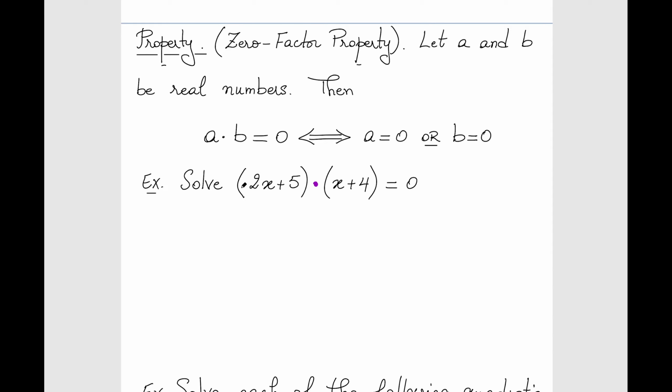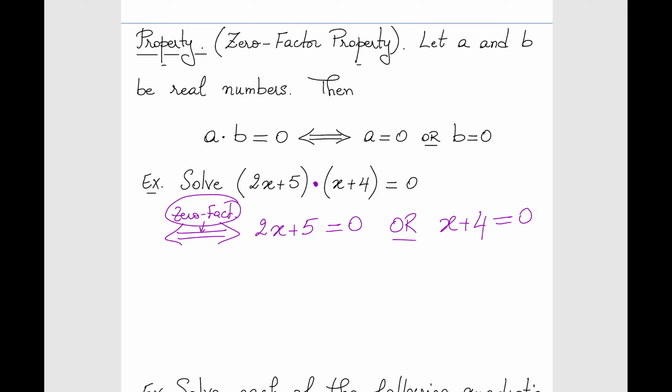So what are the factors here? 2x plus 5 and x plus 4, right? So by the zero factor property, this is going to be equivalent to either the 2x plus 5 is the 0 who's making the product be 0, or the x plus 4 is the guy who's making the product 0. So at least one of them, right?